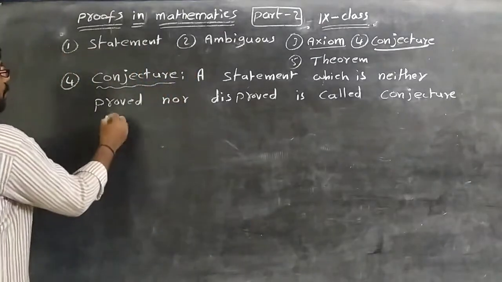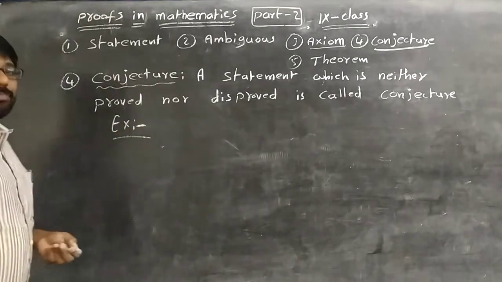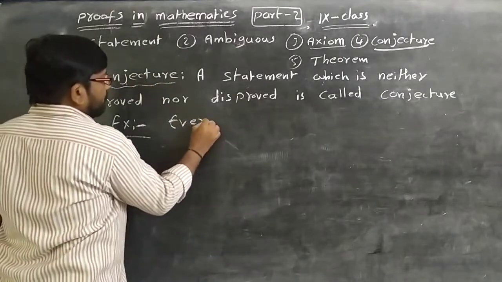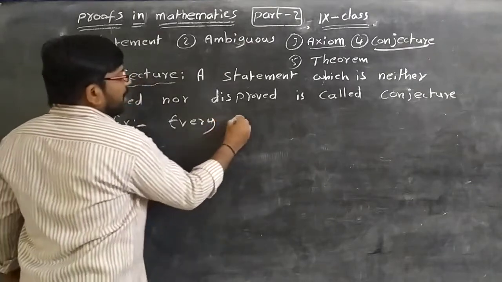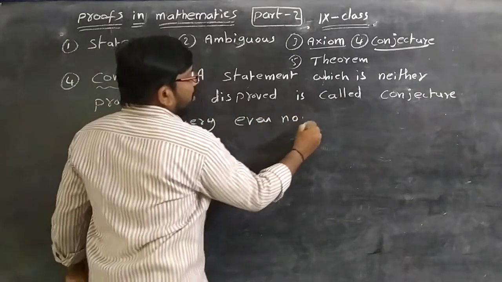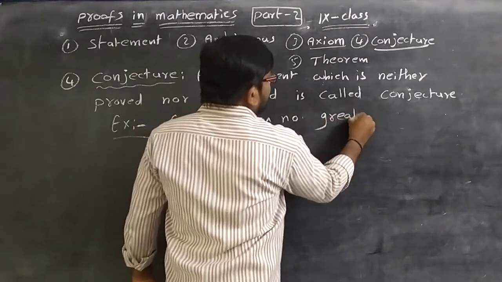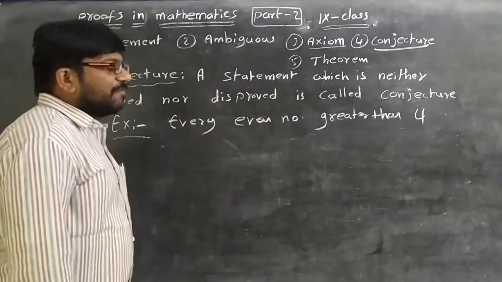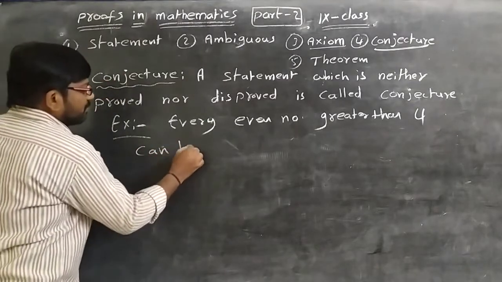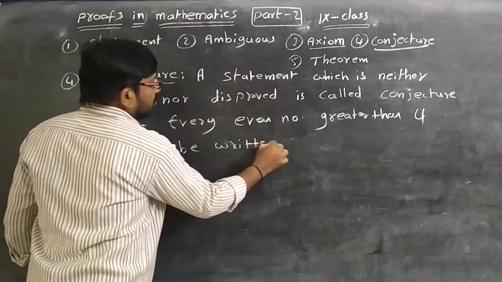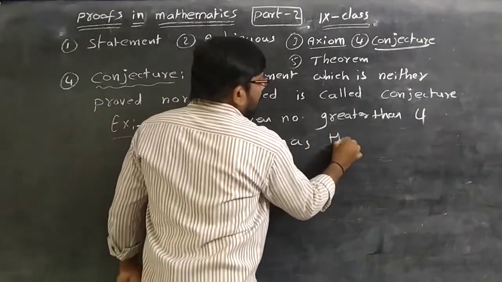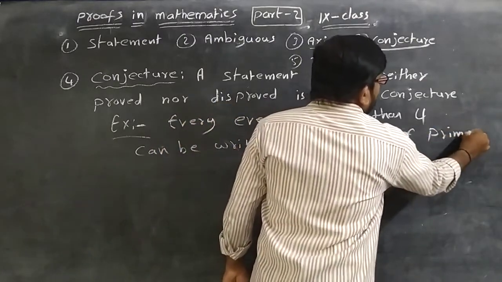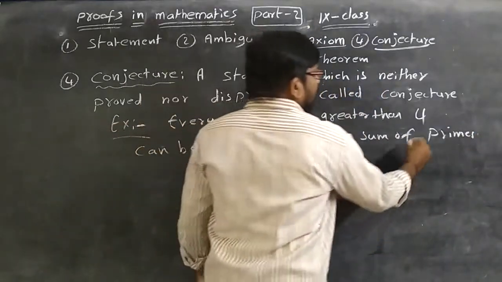See, for example, every even number greater than 4 can be written as the sum of two primes, right?